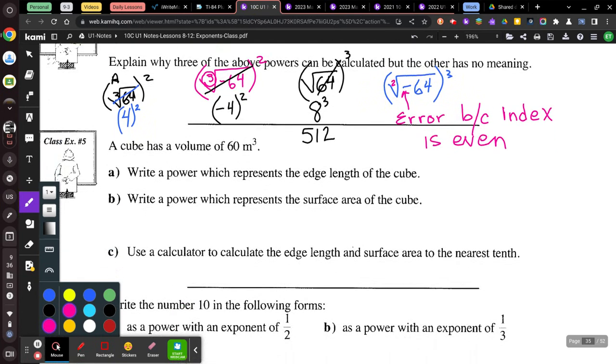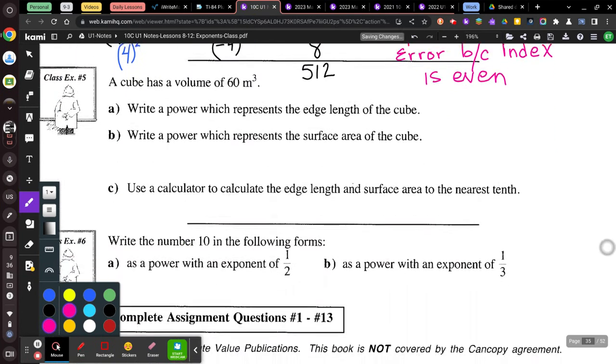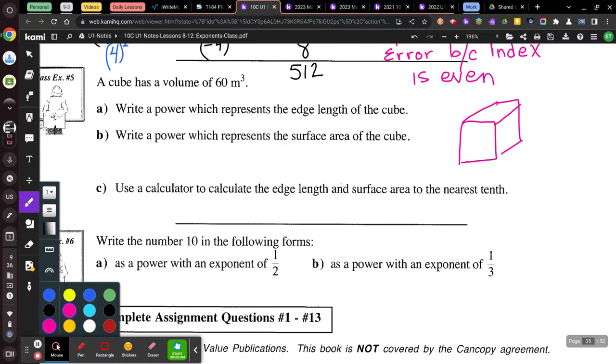All right. Last question on this page. It says, write a power that represents the length of the cube. Well, if it's a cube, it literally looks like this. So I've got a cube, and it says it's got a volume of 60 meters cubed.